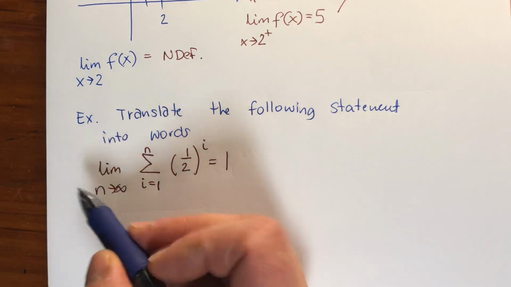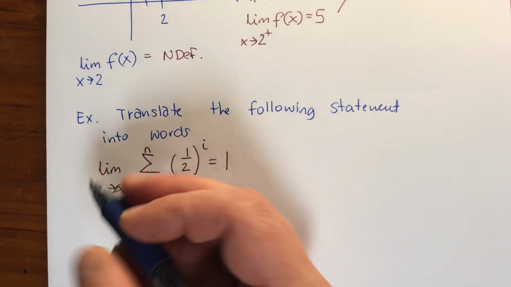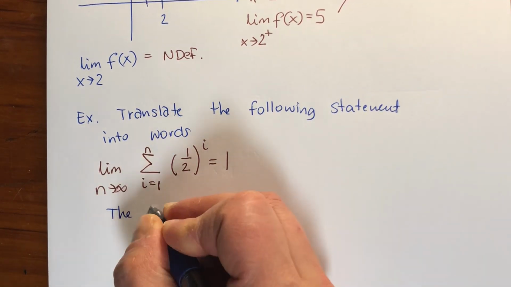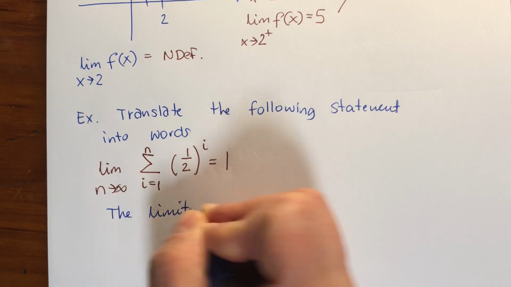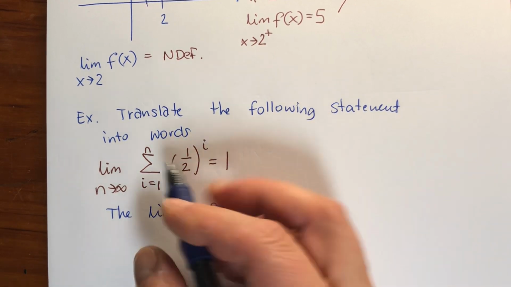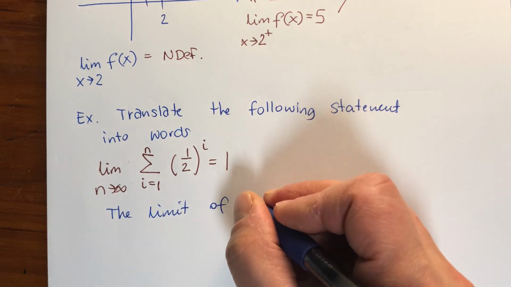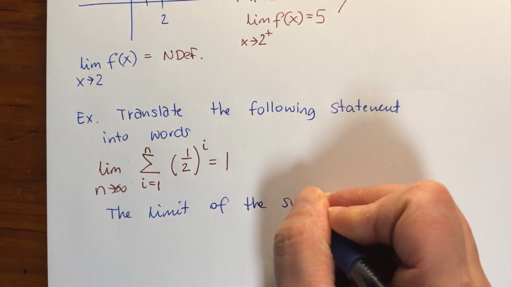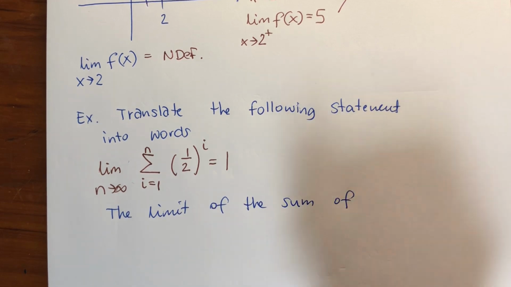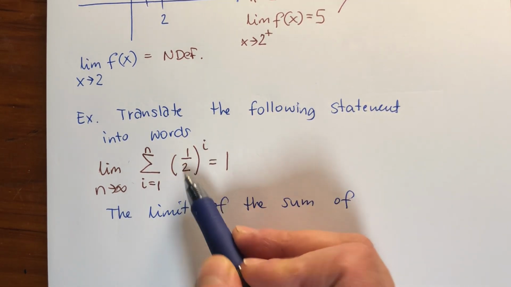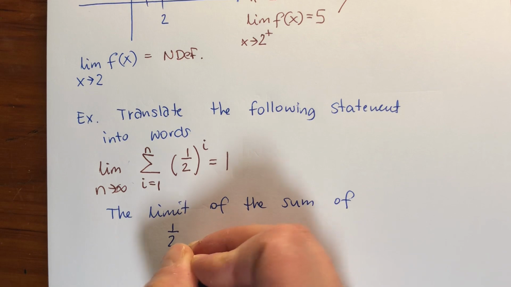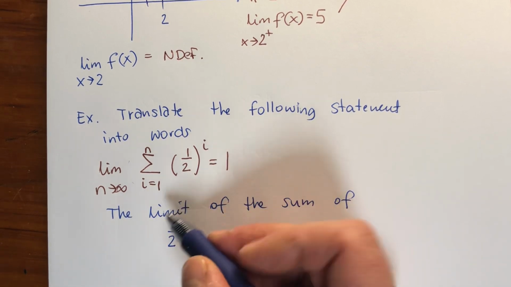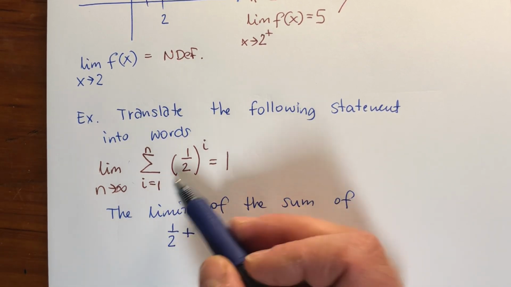So notice we are talking about the limit of what? The limit of the sum. And what is the sum of? So if i is equal to 1, we know that we have 1/2. Then again, it's a sum, so I will put a plus sign.